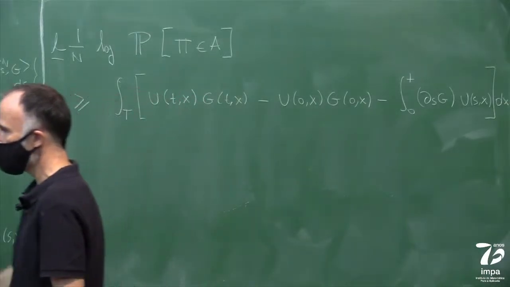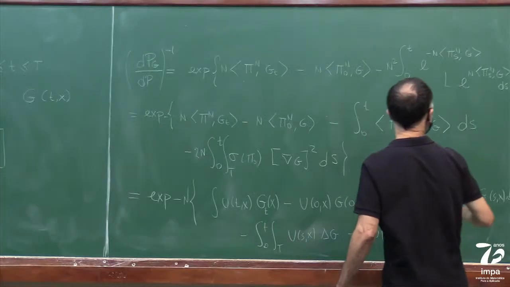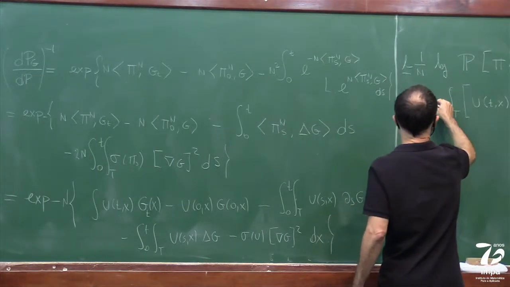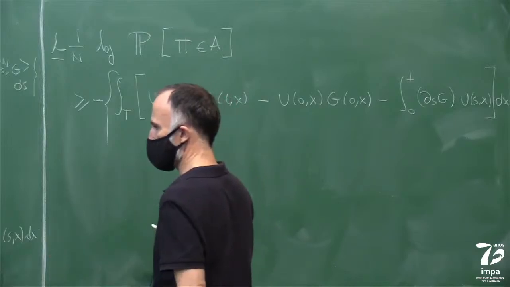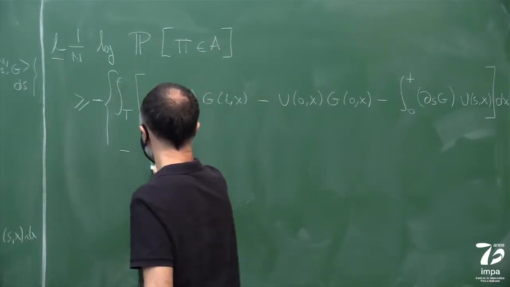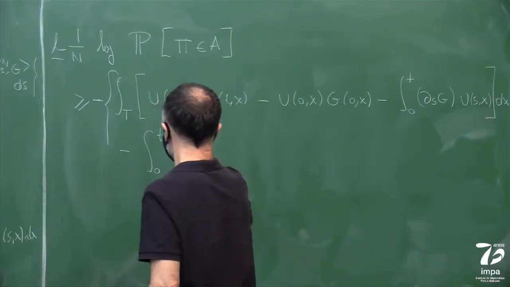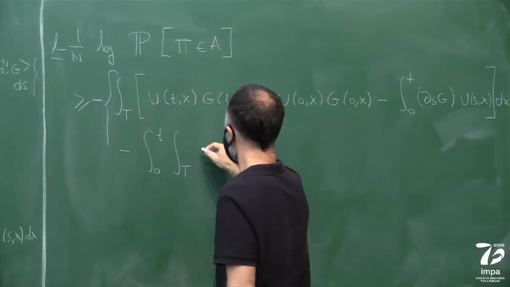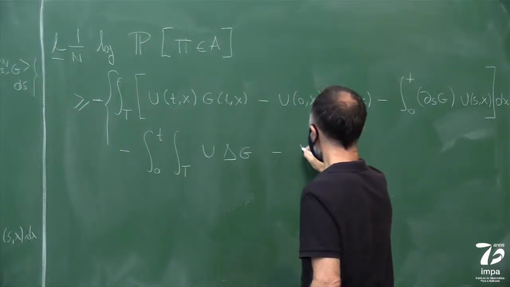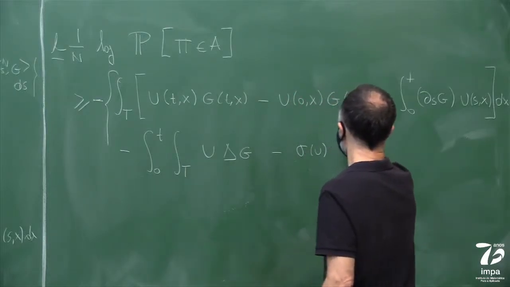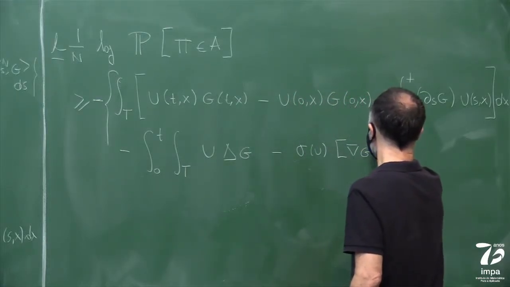I have a minus sign in front of everything, and then minus these terms: minus the integral from 0 to t of u Laplacian g minus sigma of u gradient g squared.